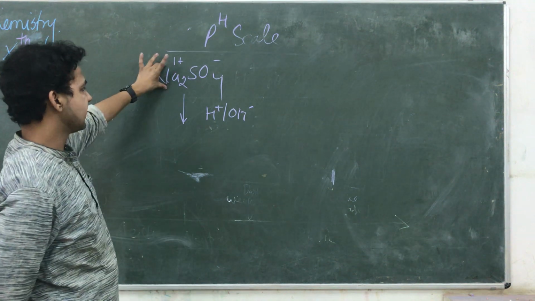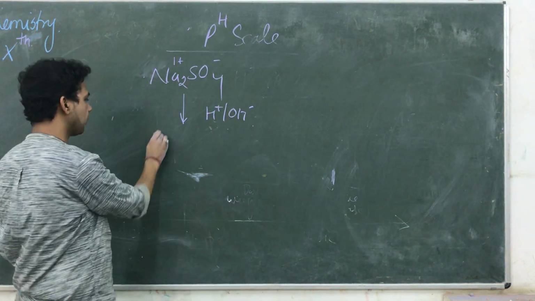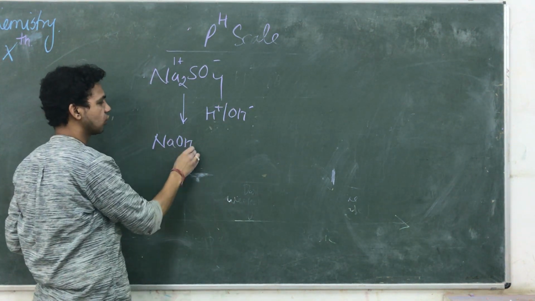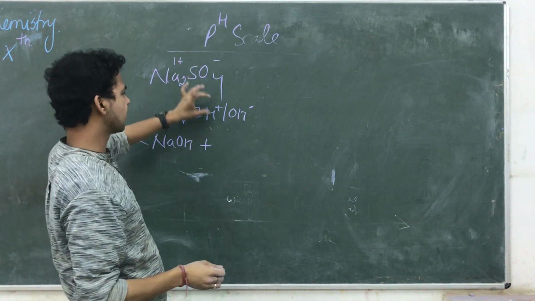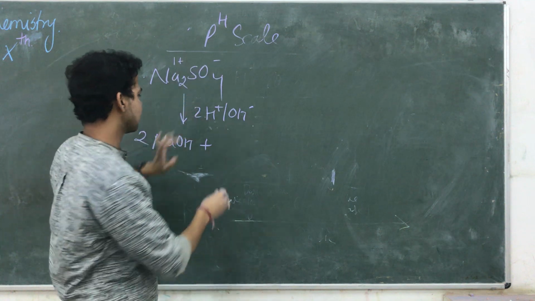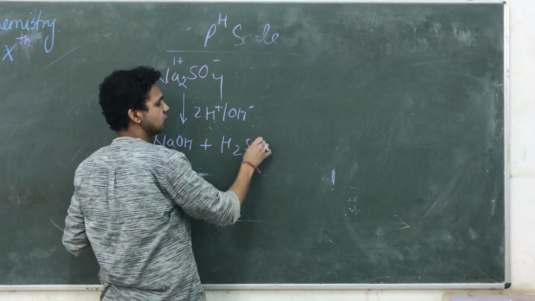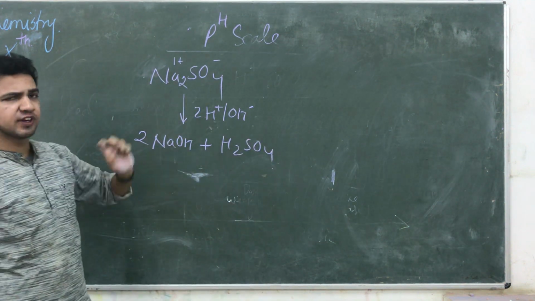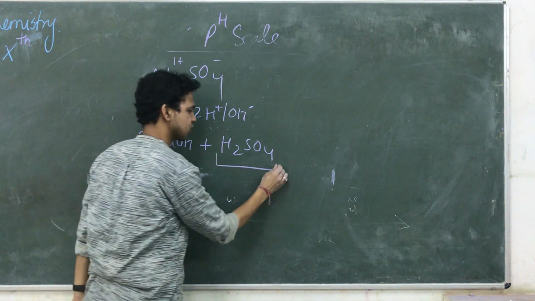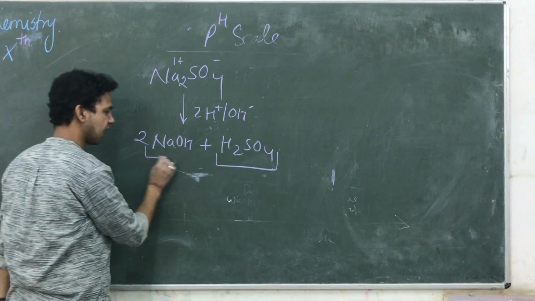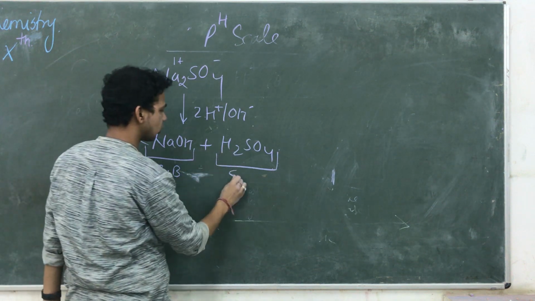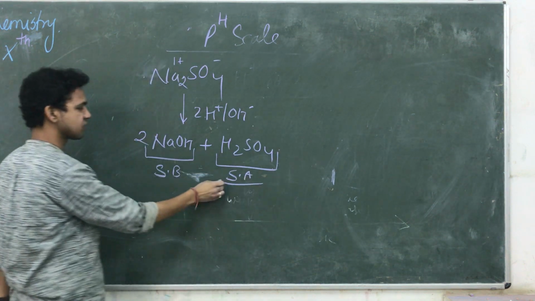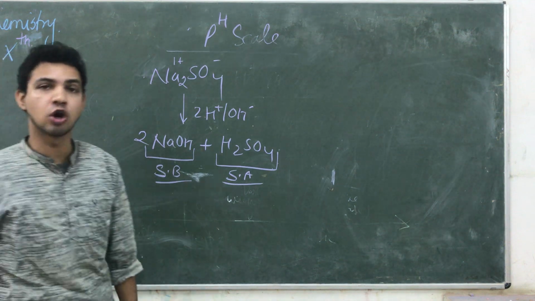So guys, Na reacts with OH, so it forms NaOH. Twice NaOH we are taking, and SO4 reacts with H, so SO4 and H form H2SO4. See, after dissolving in water, what formed? H2SO4, and the other is NaOH. NaOH is a strong base and H2SO4 is a strong acid. Both turned out to be strong.